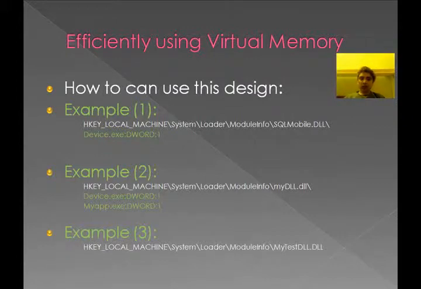So here is the example. For example, sqlmobile.dll is used by device.exe, and if there is a DLL you have, XYZ, that is loaded by this particular process, like my device.exe or my test tab, then you can also define that DLL as exclusive.